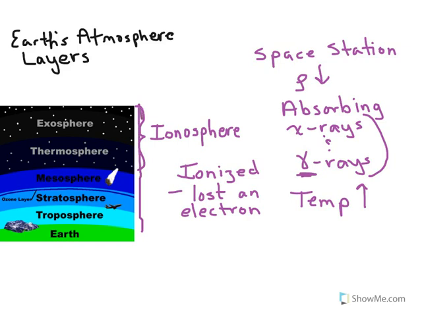Now, word of caution about the temperatures here. When you get up into the ionosphere, even though the temperature is going to have numerically high values, this low density means that as far as your skin is concerned, it's still going to feel cold.